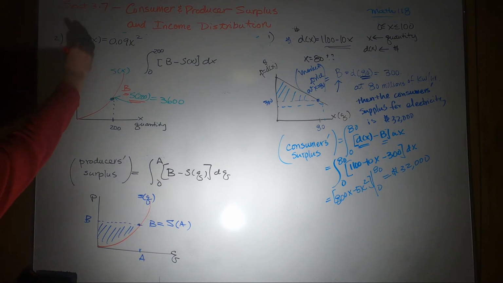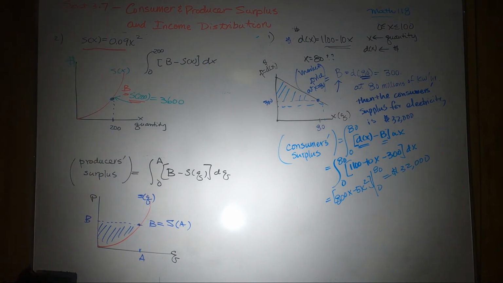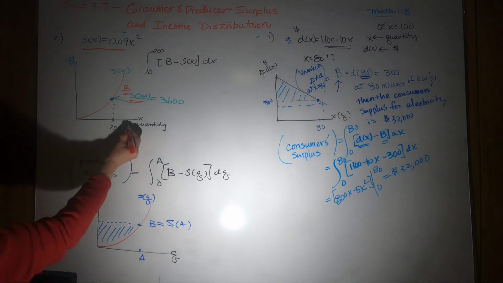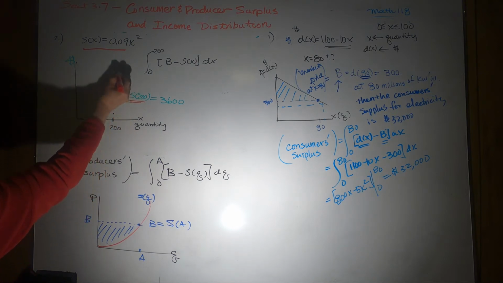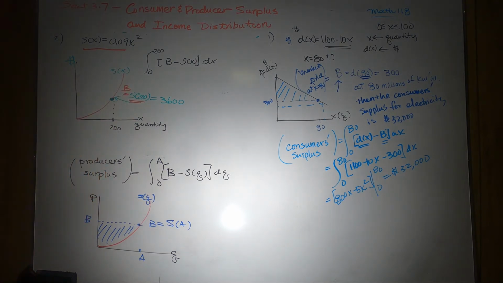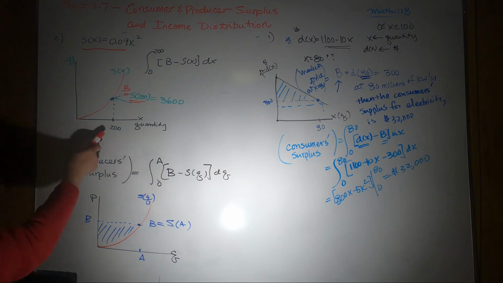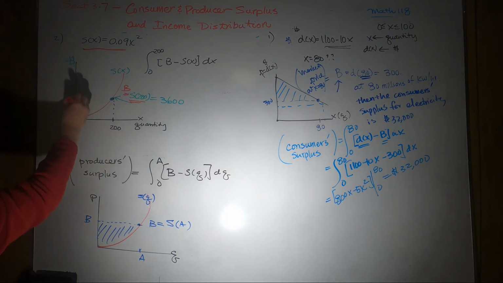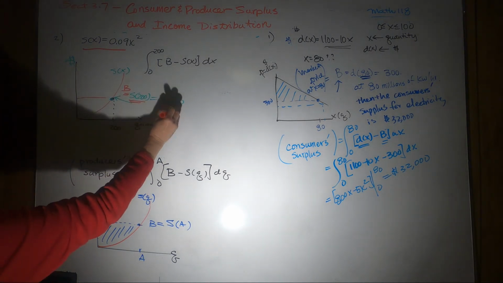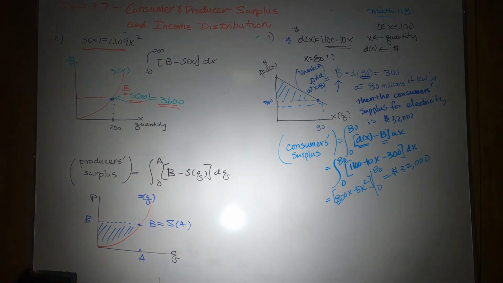According to our model, the supplier function is the more quantity supplied, the more price would be charged, right? So at the quantity of 200, that would charge you 3,600.